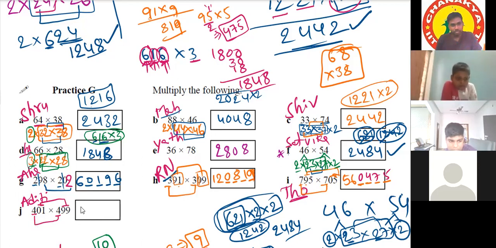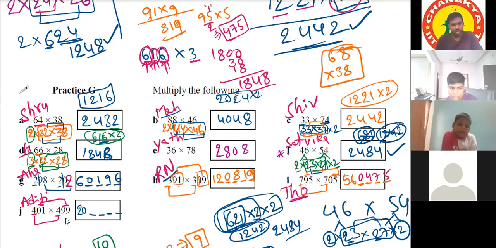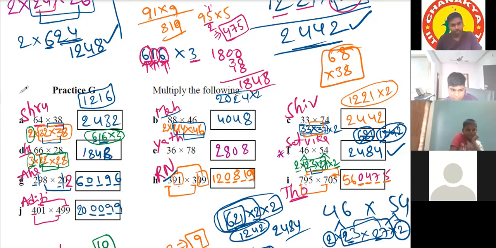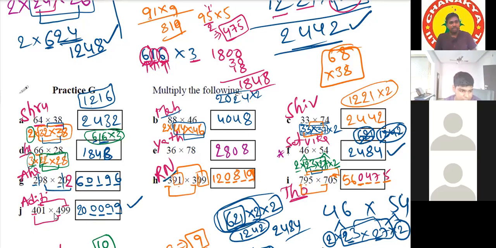After that, for 99, we'll write 2 zeros, since I need 4 digits only. 99 into 1 is 99. After getting 99, we have to make it 4 digits, meaning 0099.